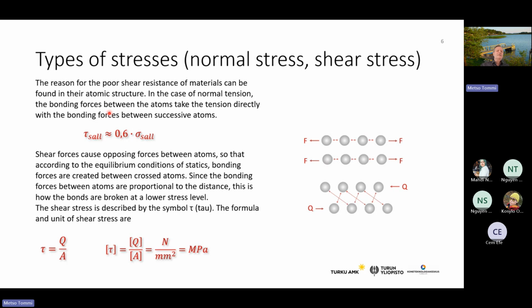So here's the equation. If there is no information about how much shear stress the material can take, this is a convenient equation, and we use a different sign for the shear stress. This is tau from the Greek alphabet, and this is the sigma.